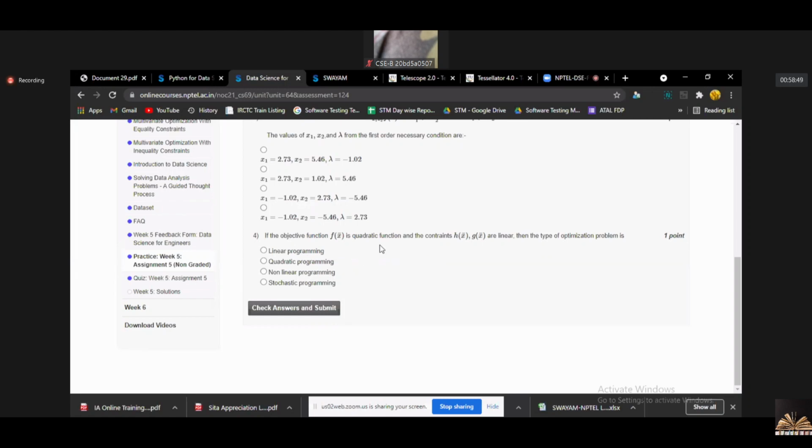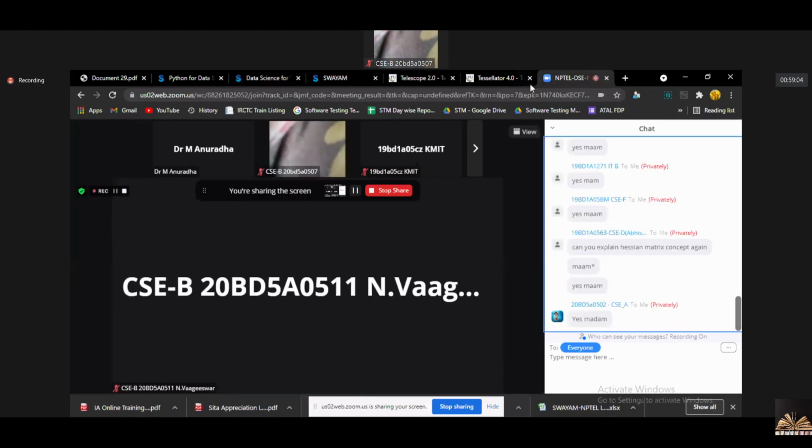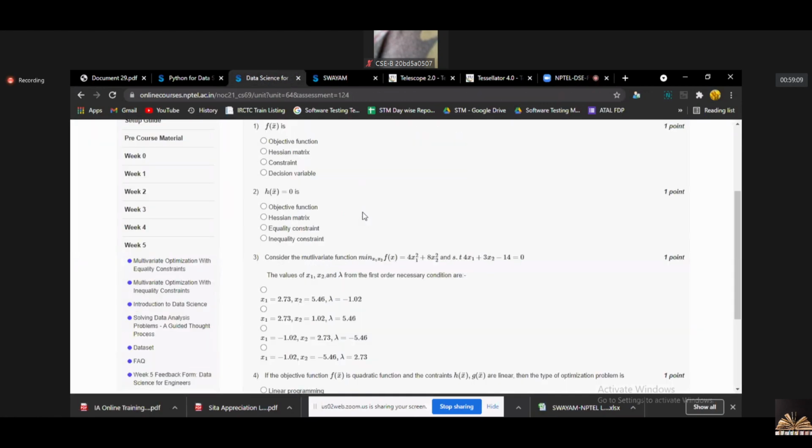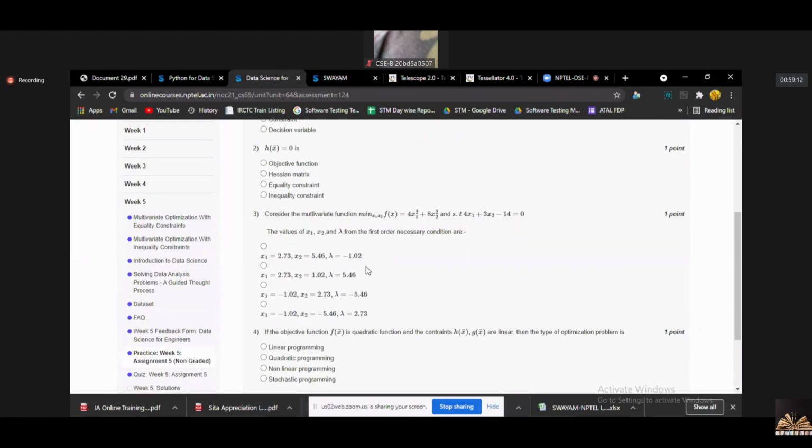If the objective function is quadratic and the constraints are linear, it is a quadratic problem. That's why here the question gives a quadratic function with linear constraints, so we consider it quadratic programming. Is this clear? Right? In the next session I will explain how to solve this question to get the x1, x2 and lambda values. Is this clear?